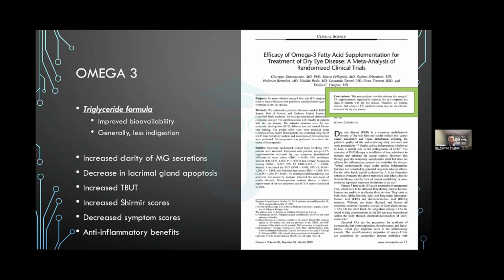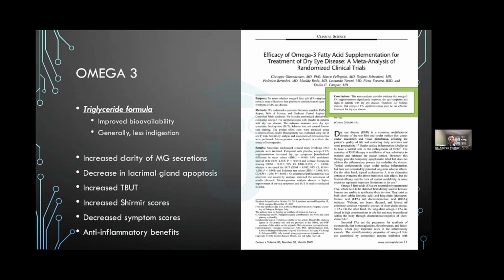This study on the right here is a meta-analysis of, I believe, 17 different studies on using omega-3s in your dry eye protocol. And as a whole, the study found that most of the studies in this meta-analysis increased the clarity of the meibomian gland secretions, decreased the lacrimal gland apoptosis, increased tear breakup time, increased Schirmer scores, and decreased symptom scores.